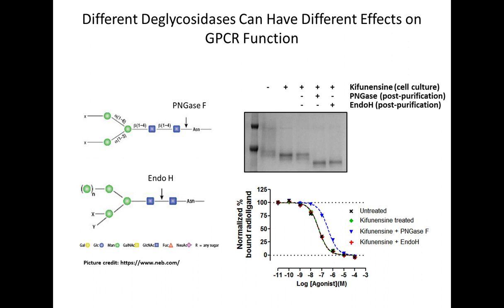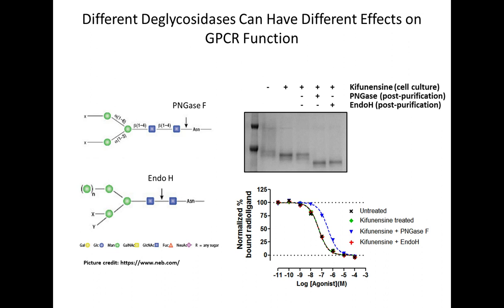PNGase F actually removes all glycan species, cutting the bond between the asparagine and the first residue, and this actually converts the asparagine to an acidic aspartate residue. EndoH, on the other hand, leaves the first GlcNAc residue and removes the rest.